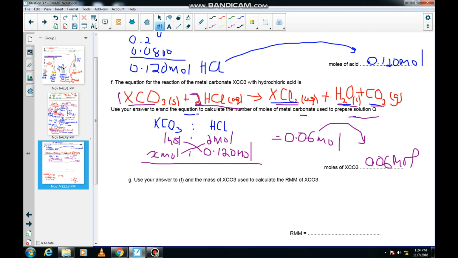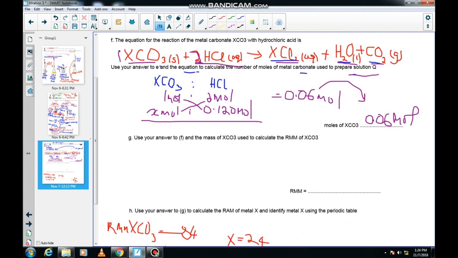0.06 moles. G says use your answer to F and the mass of the carbonate, remember we were given as 5.04 grams, to calculate the RMM of the carbonate. Moles is equal to the mass in grams over the relative molecular mass.